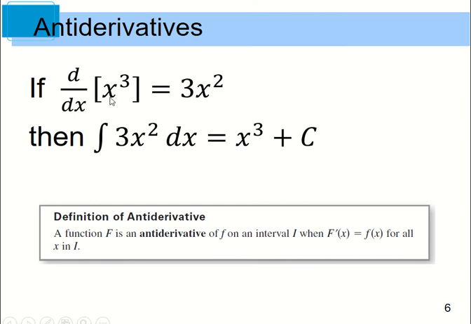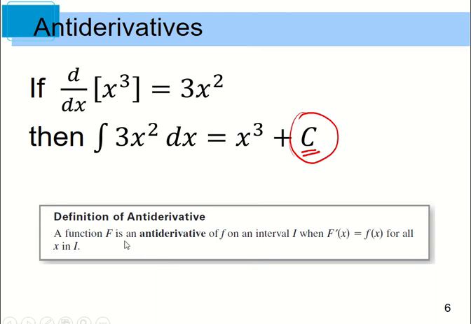If we differentiate x to the power of 3, we get 3x squared. Therefore, when we integrate 3x squared, we get back x to the power of 3 plus c. The c is a constant. I'm going to explain later what c is and why we need to add it.